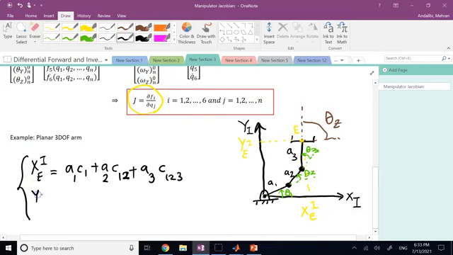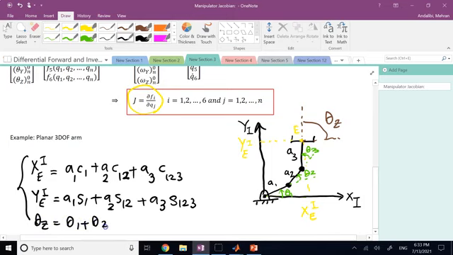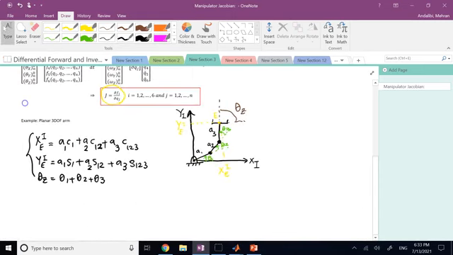Your y of the end effector in inertial is a1 sine theta 1 plus a2 sine 1, 2 plus a3 sine 1, 2, 3, and finally your theta z angle is simply the sum of the 3 angles. Right? That's what you have. Here there is no theta x, no theta y, and there is no z because it's all planar. And you have these 3 things that you can determine for the end effector.